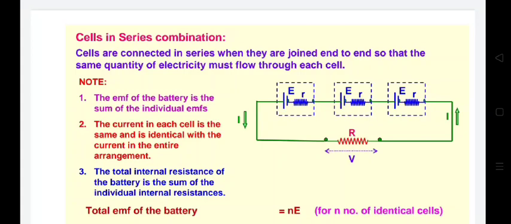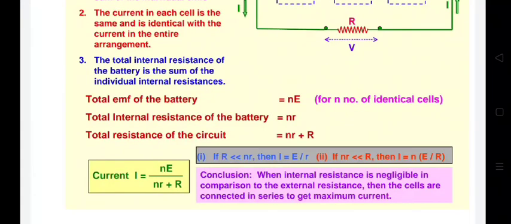Since there were n cells and r is the internal resistance of a single cell, r plus r up to n will give you n into small r, that is the internal resistance of the whole combination. Then the total resistance of the circuit. There was an external resistance capital R that was connected to the circuit. So the total resistance of the circuit will become now nr plus capital R, that is the load.